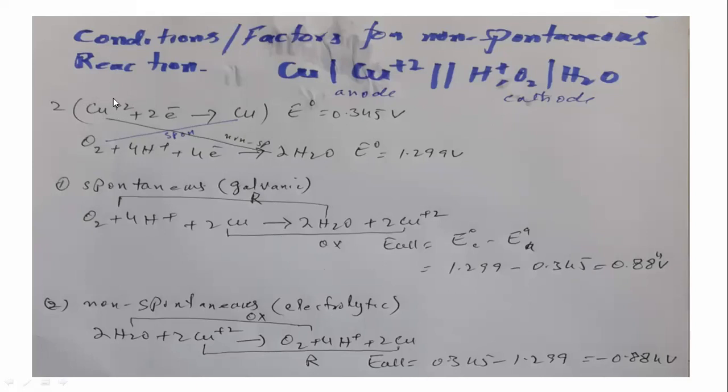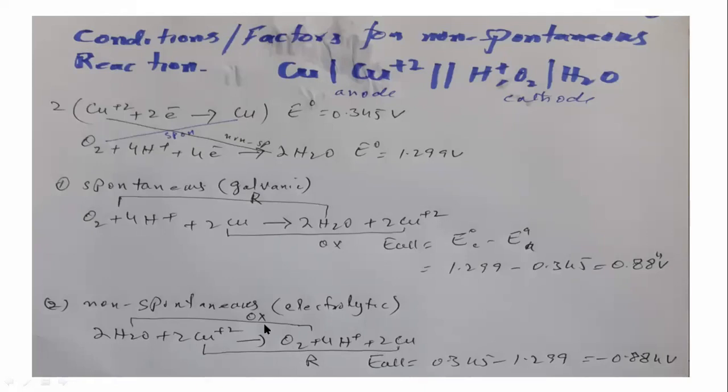So this is the non-spontaneous way. That means copper and water would be the reactants, and this copper metal and all these will be the product as written over here. So in this case, the water is going to oxidize while copper ions are going to reduce.